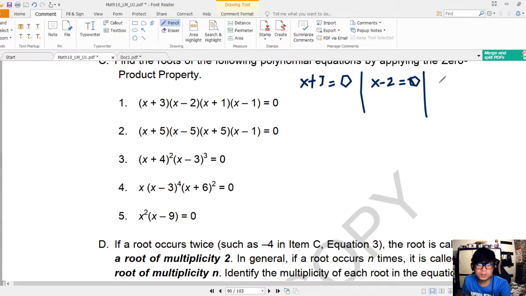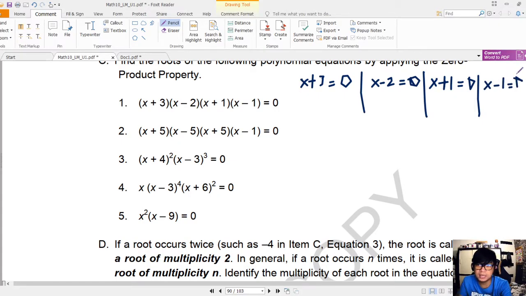The next one is x plus 1 is equal to 0. Tapos, x minus 1 is equal to 0.